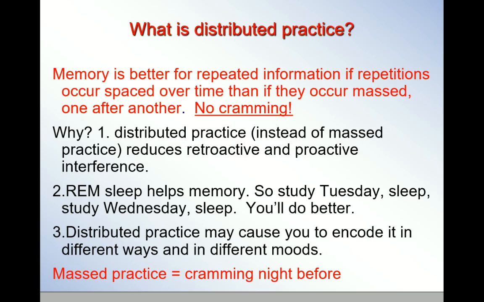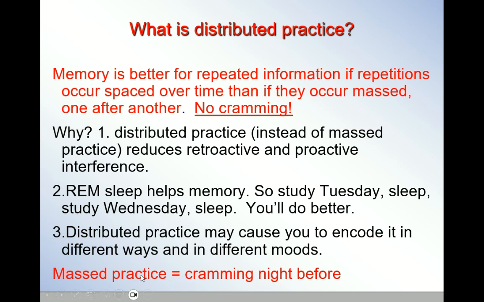Go to sleep, get some dreaming, and then study it again the next day. And you don't even have to do it but for a few minutes. And everything would be so easy. You'd be like, why didn't I do this before? If you want to memorize something, you study it, you sleep, and then you study it again the next day. That's called distributed practice.